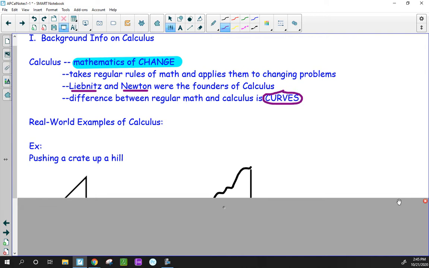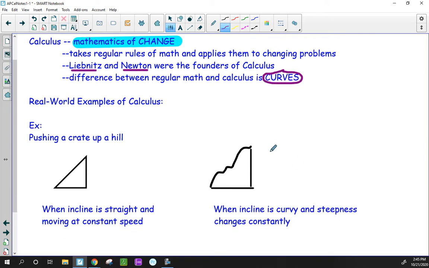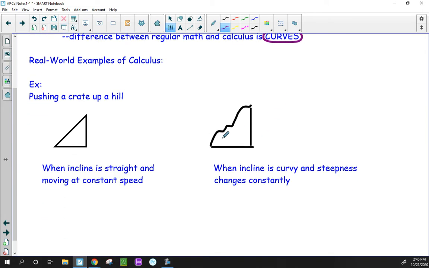Here is a real-world example of calculus. When you read this section, you will see this show up. I'm giving you kind of a preview. If you're pushing a crate up a hill, you have this crate and your job is to push it all the way up to the top of this hill.